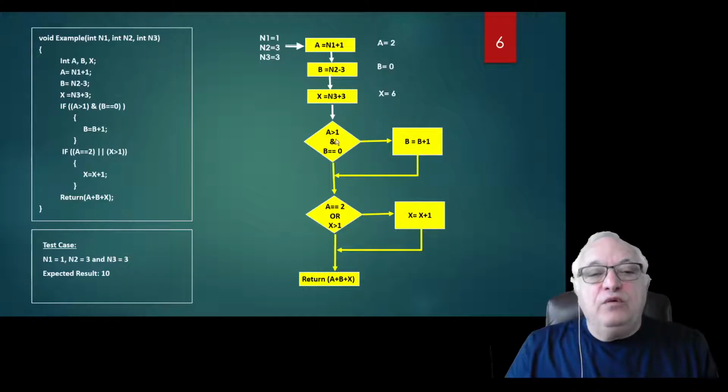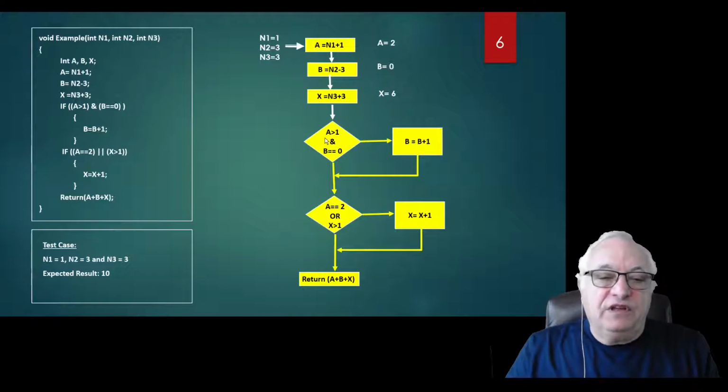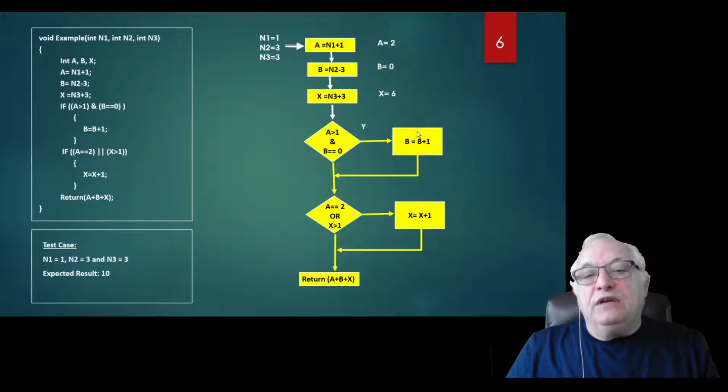Then we get to this decision. It says a greater than 1. We have a value of 2, so it's true. And b equal to 0? Yes, b equal to 0, so they are both true. So it's yes this way. Then we compute b equal to b plus 1, which gives us b equal to 1.